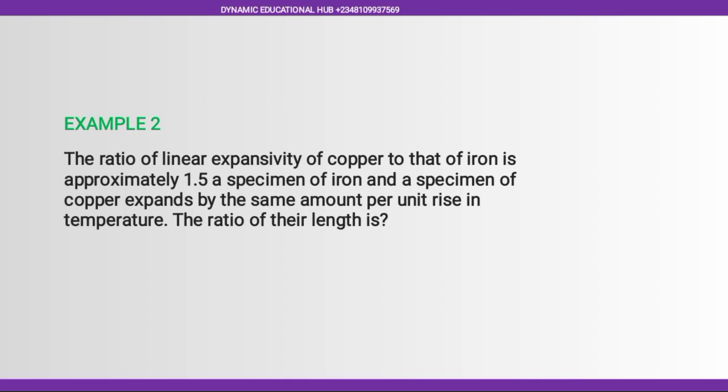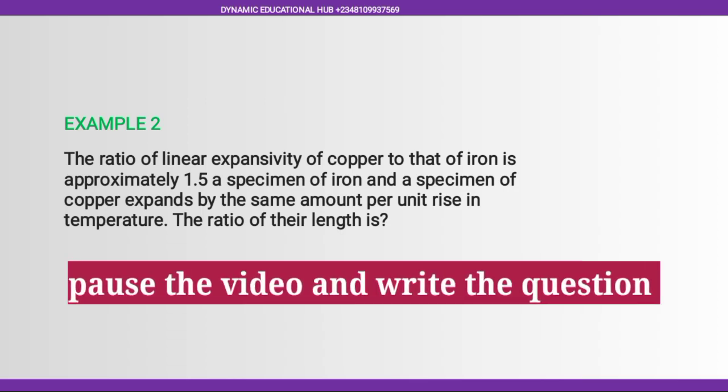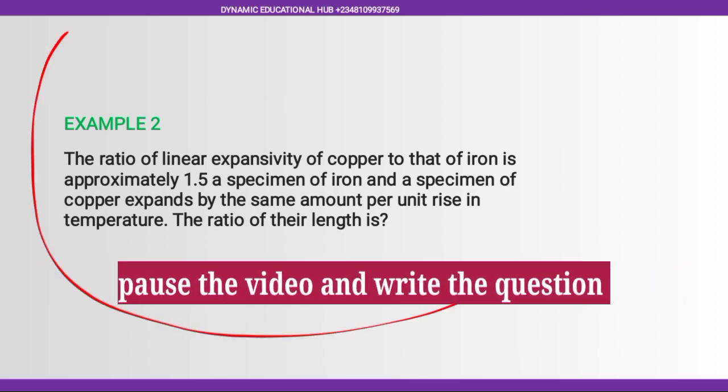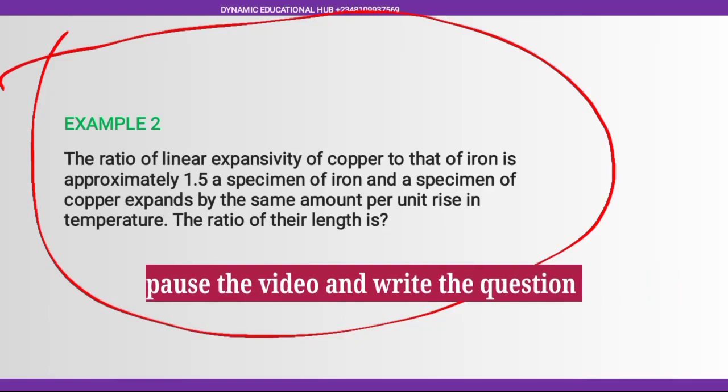You have to be very careful while solving this kind of question. Let me read it and then I will explain. The ratio of linear expansivity of copper to that of iron is approximately 1.5. A specimen of iron and a specimen of copper expand by the same amount per unit rise in temperature. The ratio of the length is very simple. You need the knowledge of variation to be able to solve some question in physics.